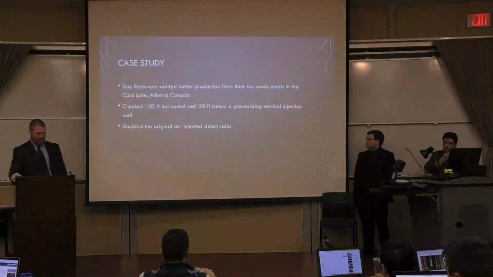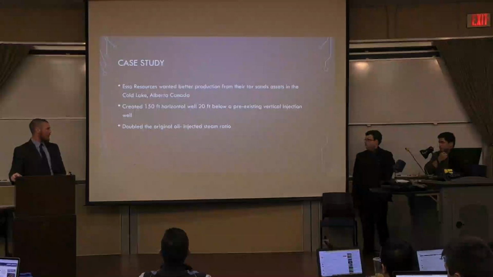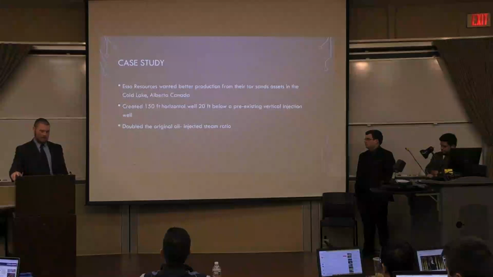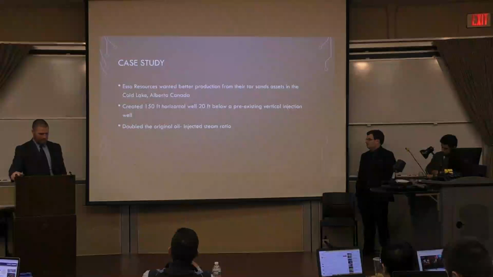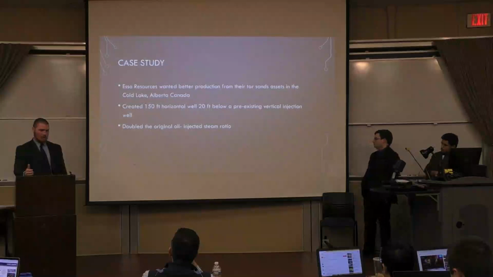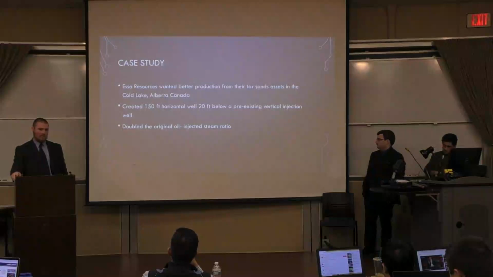After implementing this, they had pre-existing vertical injection wells, and they just decided to drill a 150-foot deviated well right underneath it, and by doing this, they saw almost a double in production, as in oil produced to steam injected.